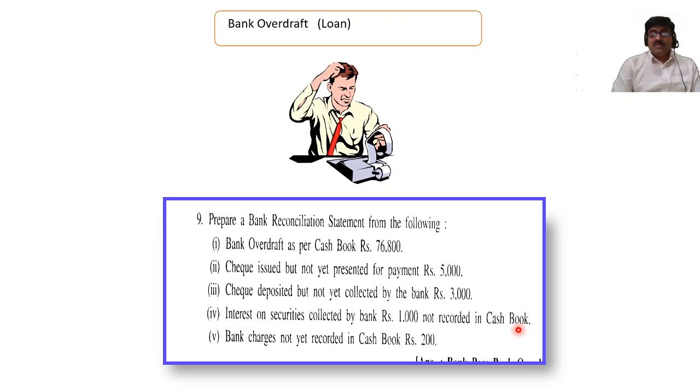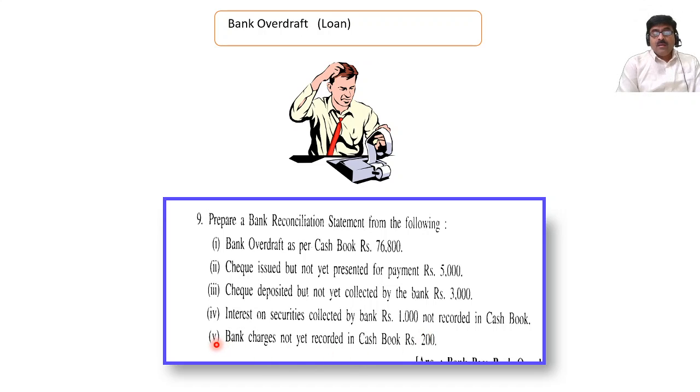But this entry is not made in the cash book, so the overdraft amount will remain unchanged at 76,800. Now, as per the cash book we are preparing, there is a decrease in the passbook balance. So as per the cash book, we too have to decrease 1,000 rupees. So deduct 1,000 rupees.